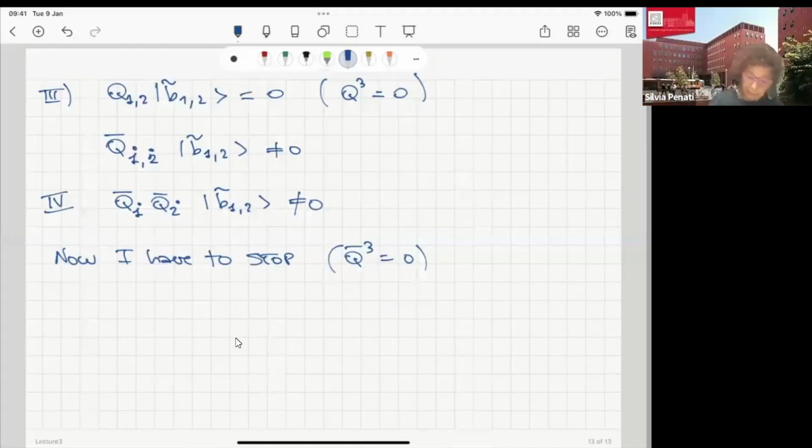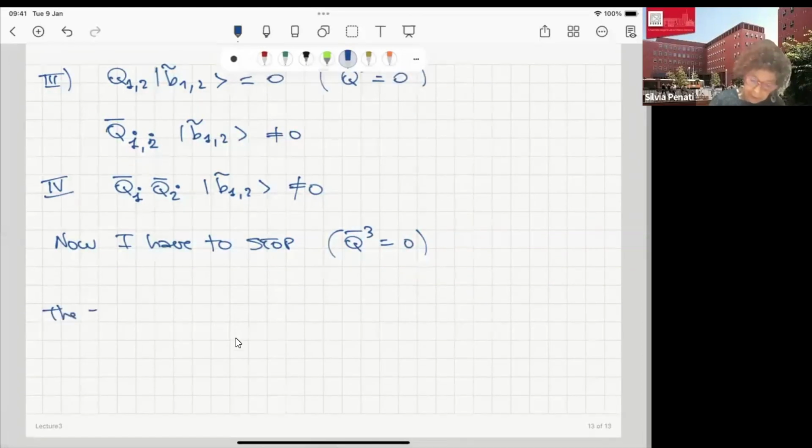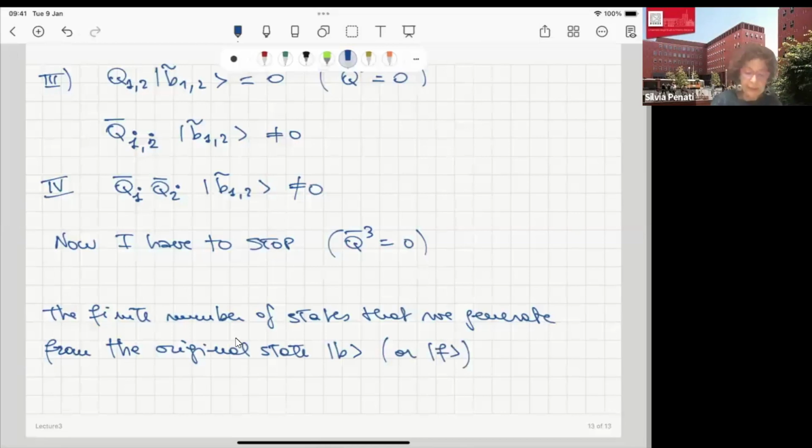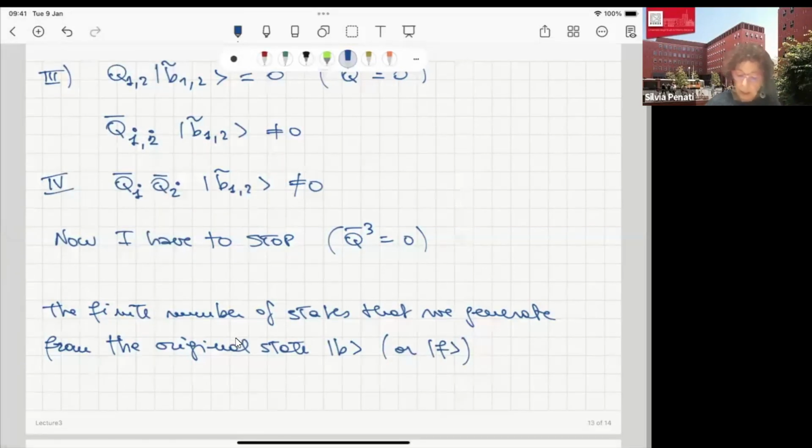So the finite number of states that we generate from the original state B, of course, or F, you can do the same, as I said, starting with the fermion.